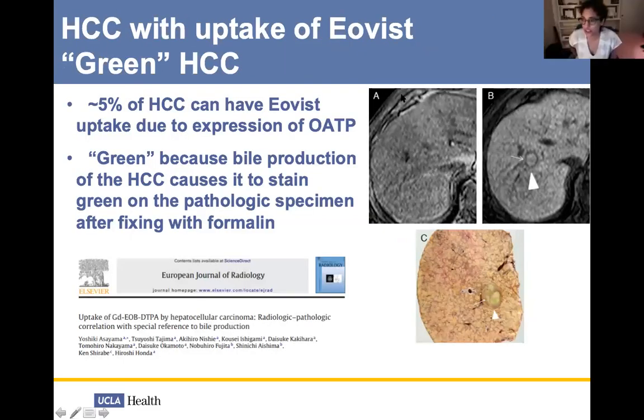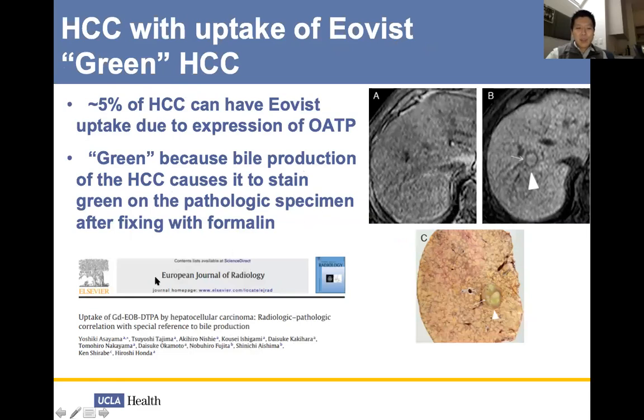So what is this term you guys are using, green HCC? It's new to me. It's because the bile production of the HCC causes it to stain green on the pathologic specimen.